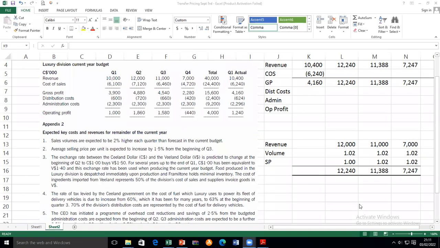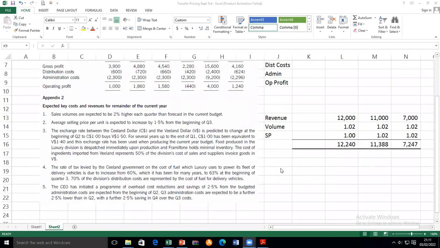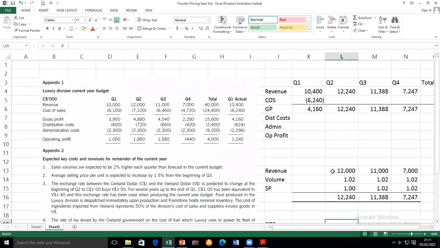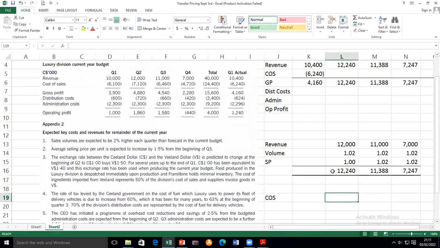Okay. So now let's do our working. Our working for cost of sales is here. Cost of sales, we pick the figures the way they are. In quarter 2, we start from quarter 2.